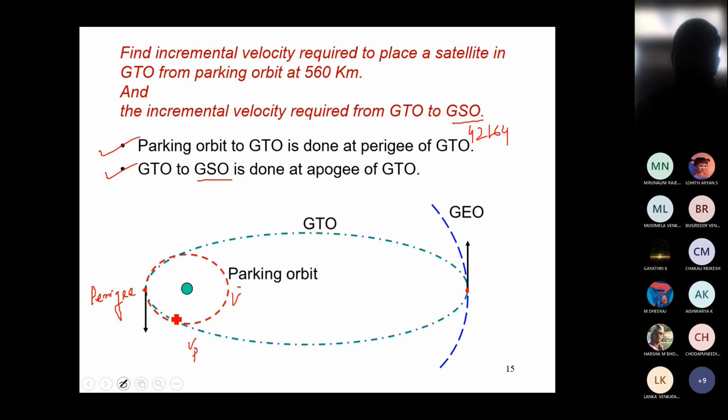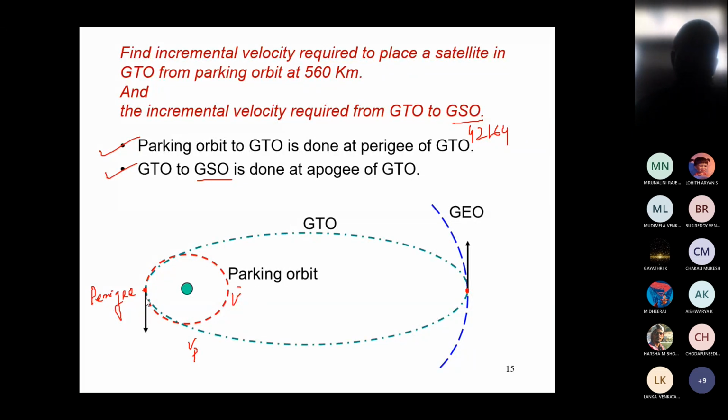In order to change the orbit of the satellite, we have to find out for the elliptical orbit what should be the velocity. And we know by the second law of Kepler, when the satellite moves in an elliptical orbit, the velocity of the satellite does not remain constant throughout its orbital period around the Earth.